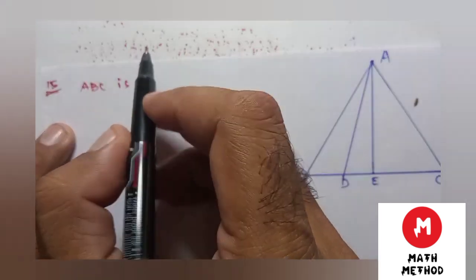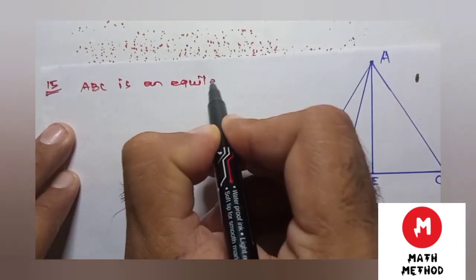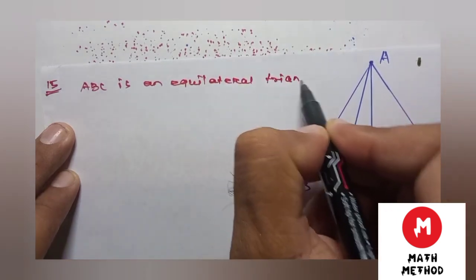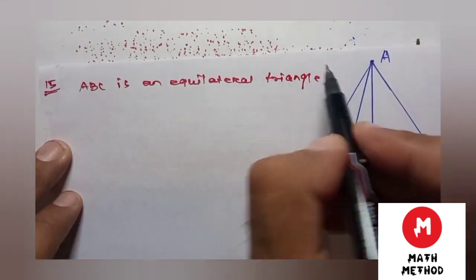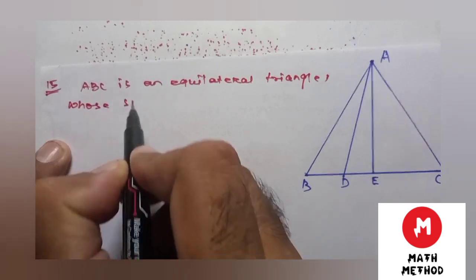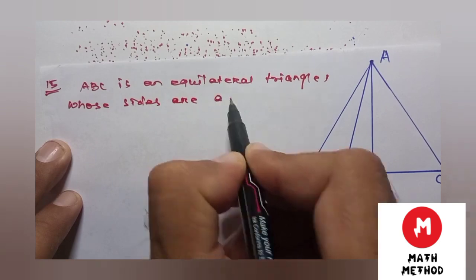Now I will write like this: triangle ABC is an equilateral triangle whose sides are a.